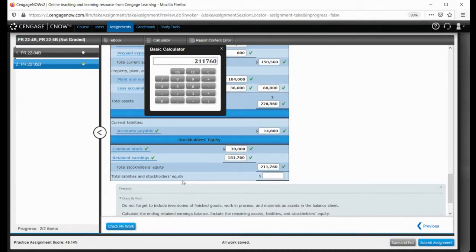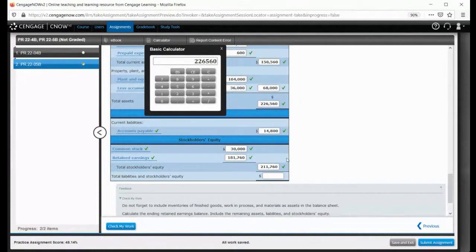The last line is for you to total your liabilities and your stockholders' equity. The total of our liabilities was 14,800. And we're going to add this to our total stockholders' equity.